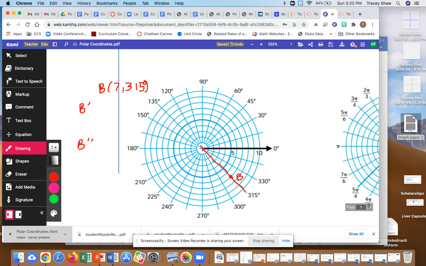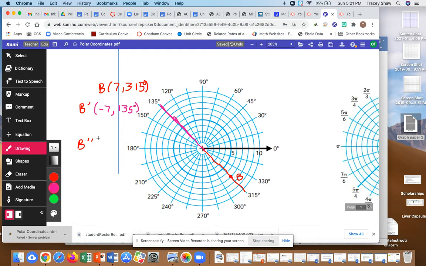If I extend this line, it is going to be up here at angle 135. So if I have a negative radius of 7 and my angle is 135, so let's think about that. If you are up here at 135 at 7, because the radius is -7, you have to slide down to 7 in the alternate quadrant, and that will land me right on the original B.